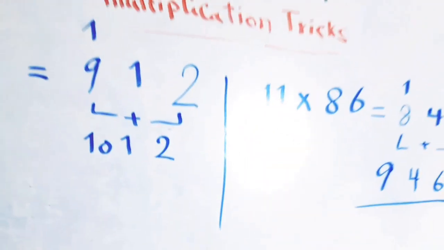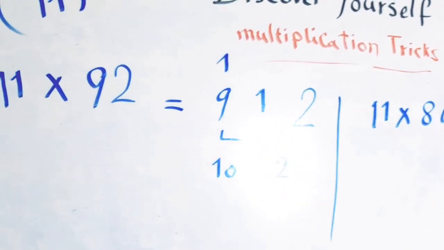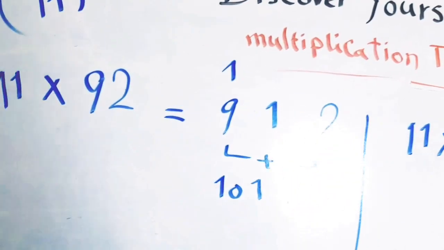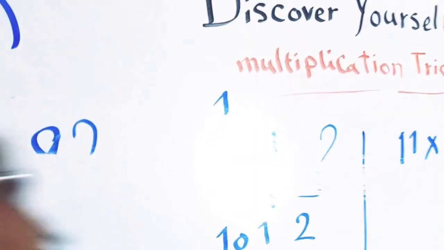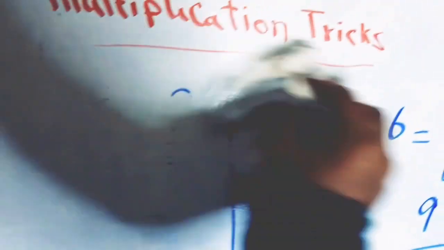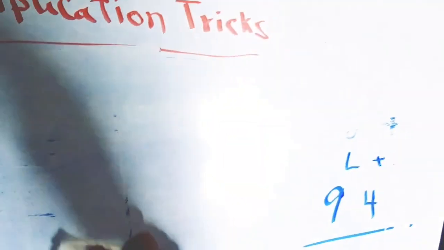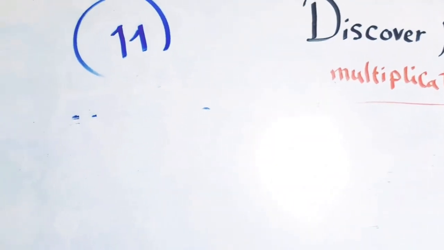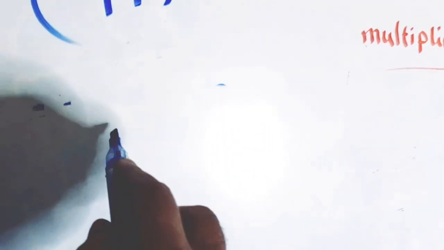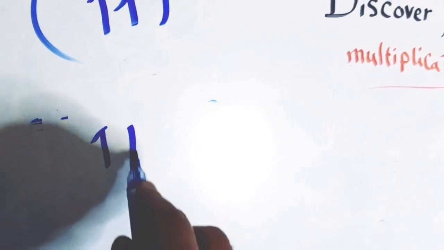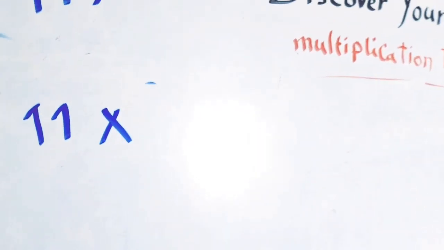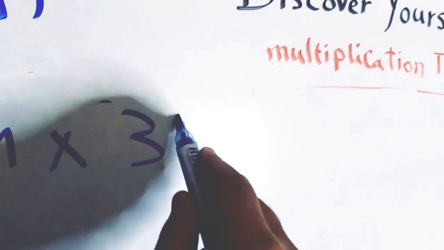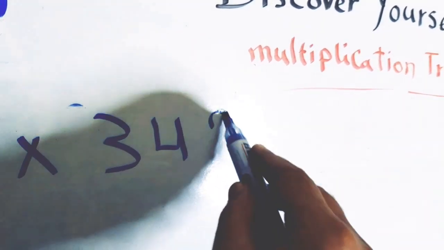What if we have a 3-digit number and we are multiplying it by 11? Okay, let's see. We are gonna multiply 11 by a 3-digit number. 11 times 3, 4, 2.